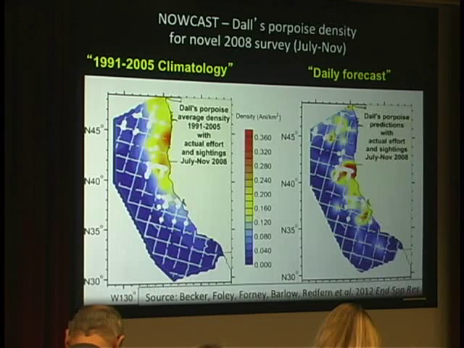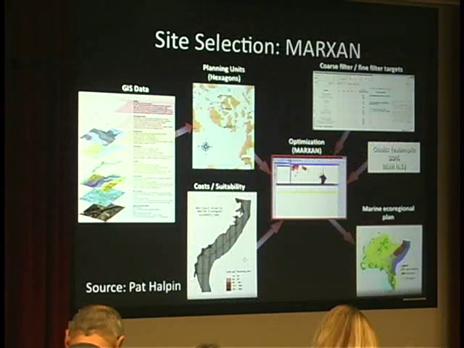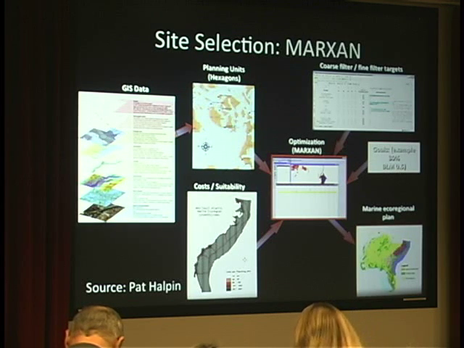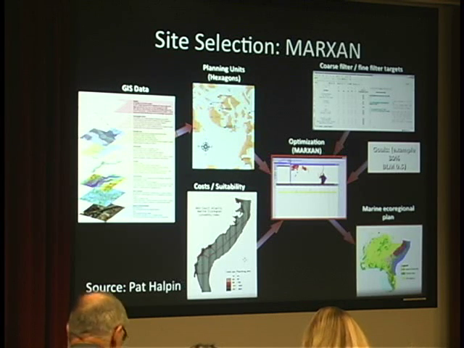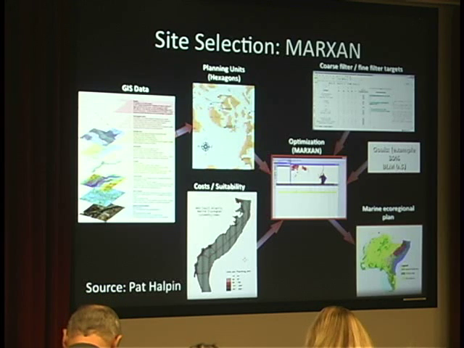We could interact these two methods, and certainly ground truthing is going to be key. I'm also going to mention that on a finer scale, a very commonly used tool is Marxan that many of you have probably heard of. This is just taking GIS data layers, crunching them into an optimization algorithm, and you generally get out an answer based on how you set your goals.